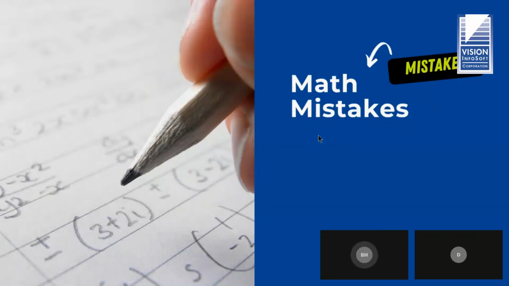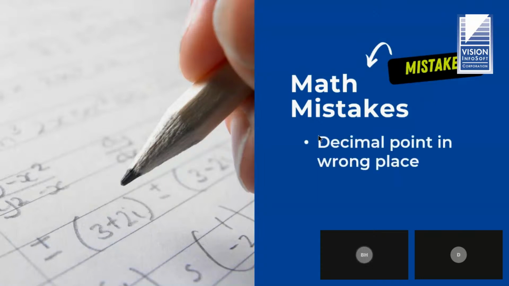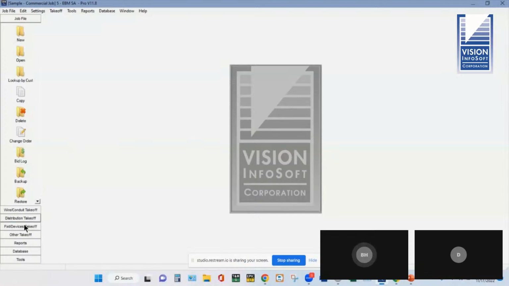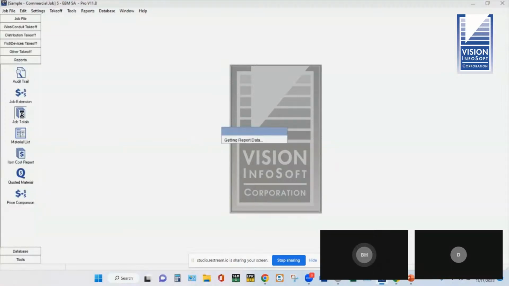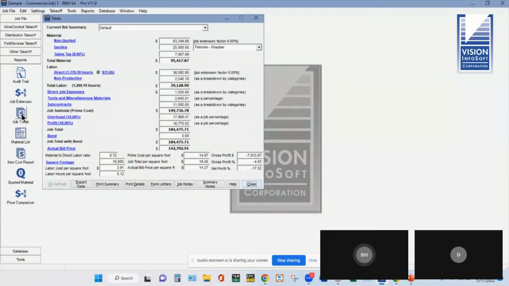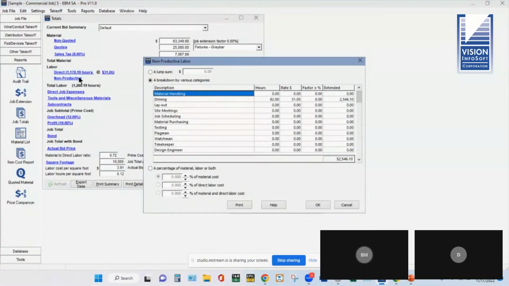Math mistakes are more difficult when you're doing it on a computer, but again, they still happen. I'll just give you a quick little example. This happened in a class a while back. Let me go back into EBM here. And this was in the final summary. I had a guy in a class, and it looked like he was kind of keeping up and everything was in good shape, except for when he went to non-productive.